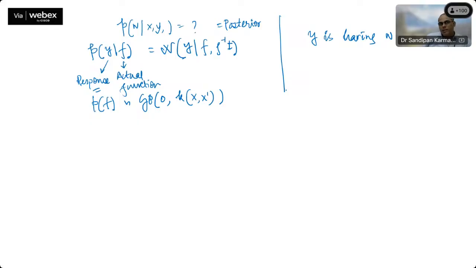KNN is called instance-based regression, or an instance-based predictive analytics model. What do you mean by instance based?